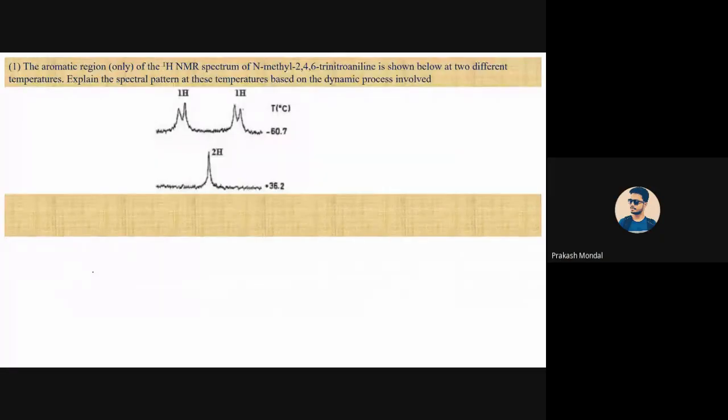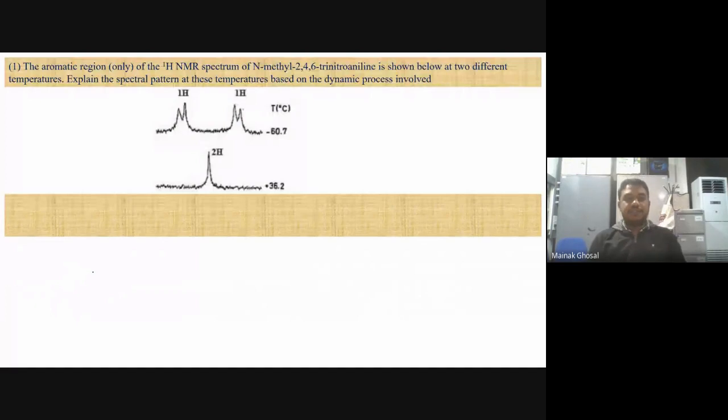Now coming to the first question: the aromatic region only of the proton NMR spectrum of N-methyl-2,4,6-trinitroaniline is shown at two different temperatures. Explain the spectral pattern based on the dynamic process involved.